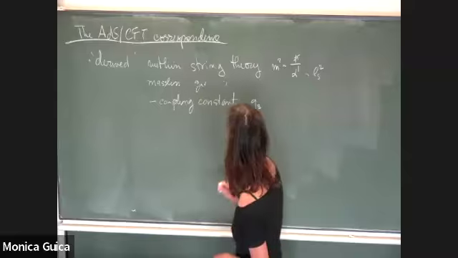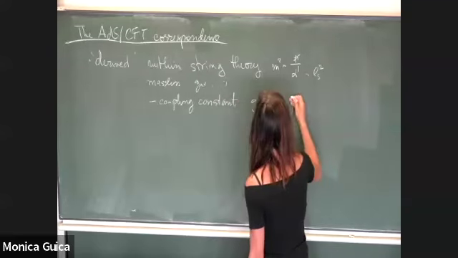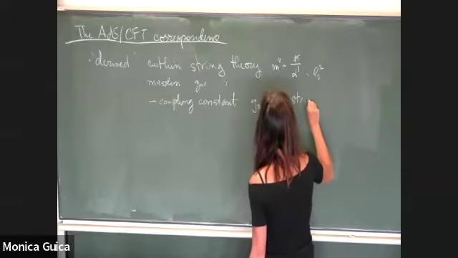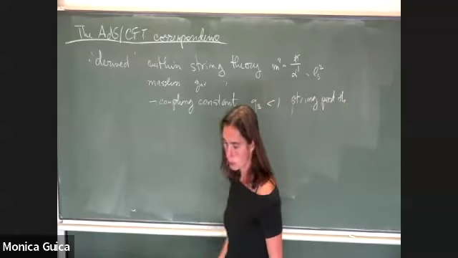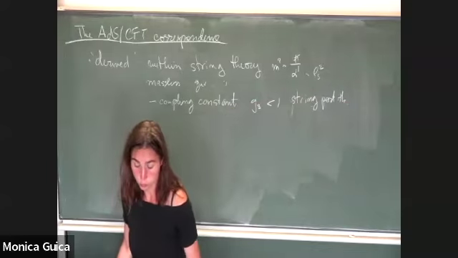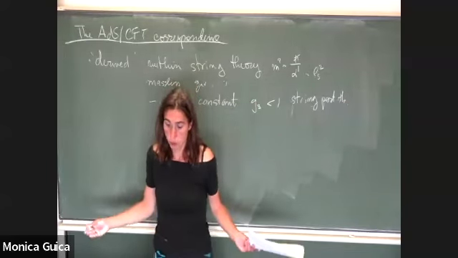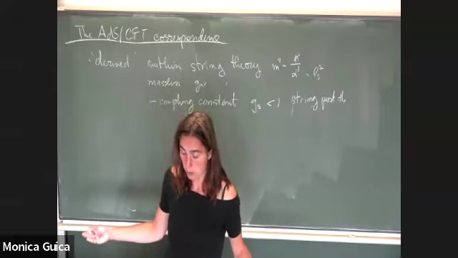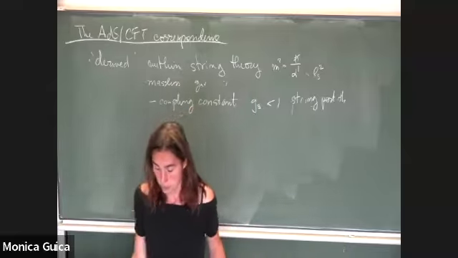Okay, so if you want string perturbation theory to make sense, you need this g string to be small. If g string is not small, then you don't have control over the theory, because one doesn't know of a non-perturbative definition of the theory.